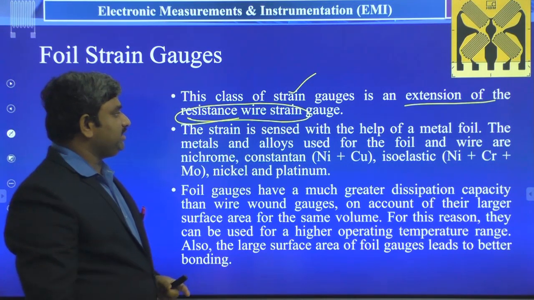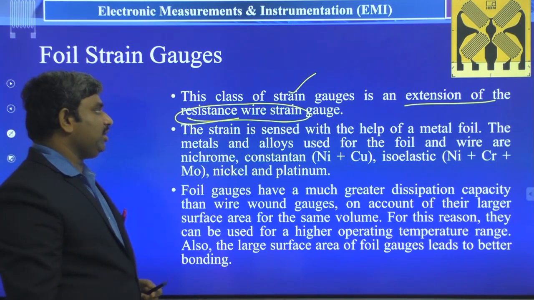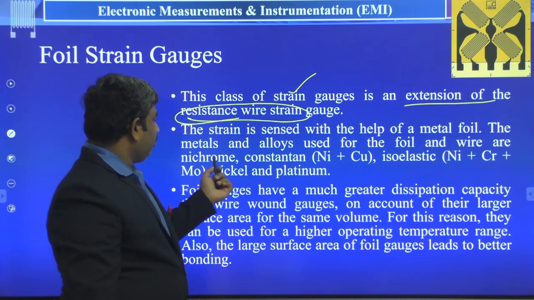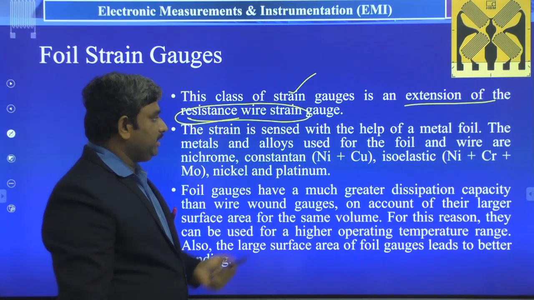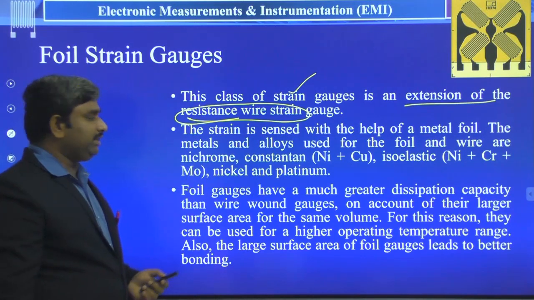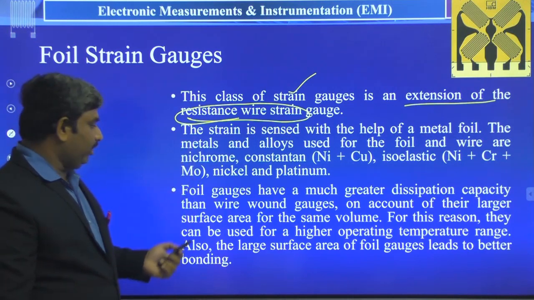The strain is sensed with the help of a foil. The metals and alloys used for this foil and wire are nickel and constantan, isoelastic, nickel and platinum. So these are the materials they use for forming this type of metal foils.